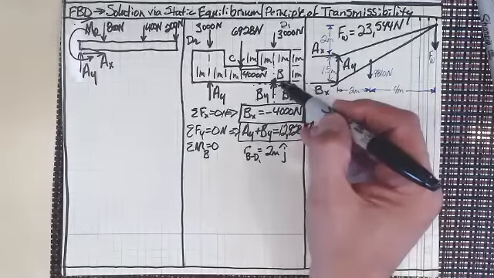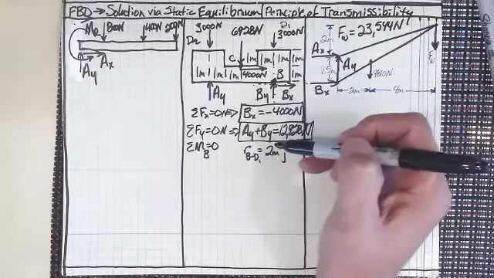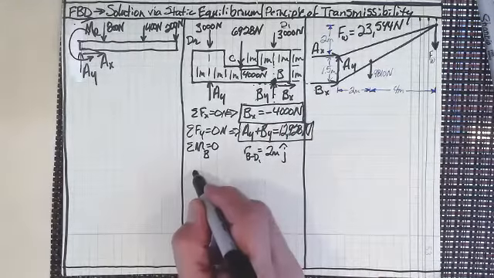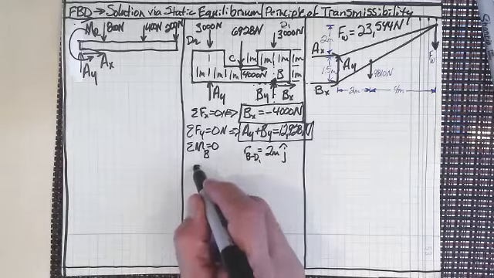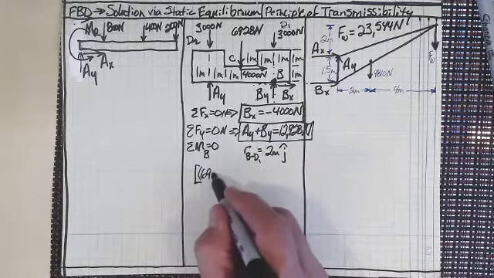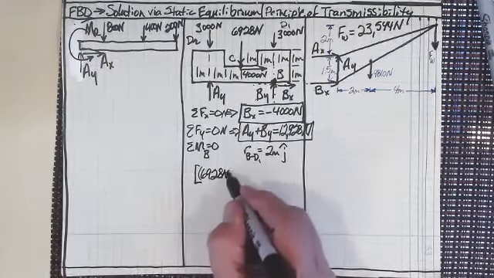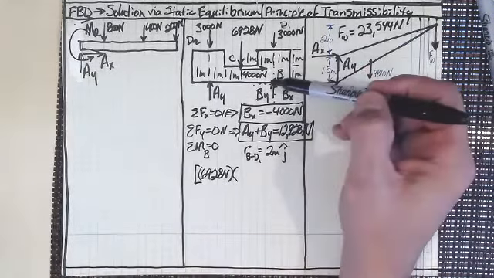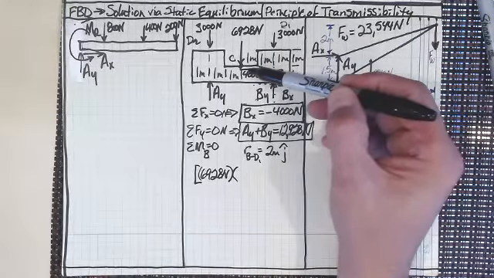And if we did look at our moments, this 3,000 isn't going to cause a moment about it. How about the 6928? I'm just going to write these out. This is the first moment. I'm going to put the magnitudes here, 6928 newtons, and then how offset is that? 1 meter, 2 meters.